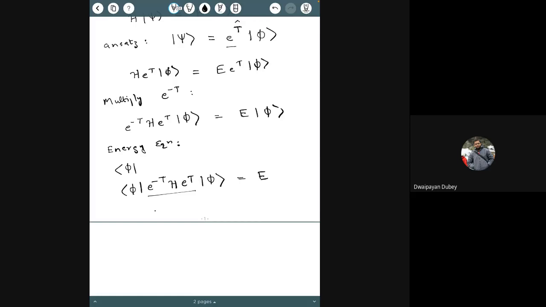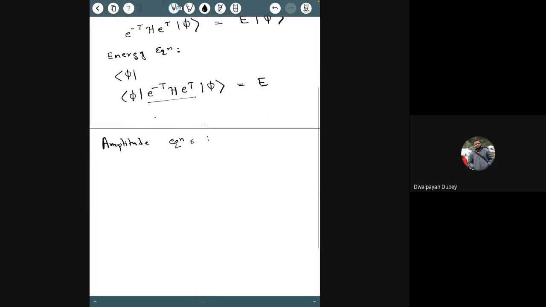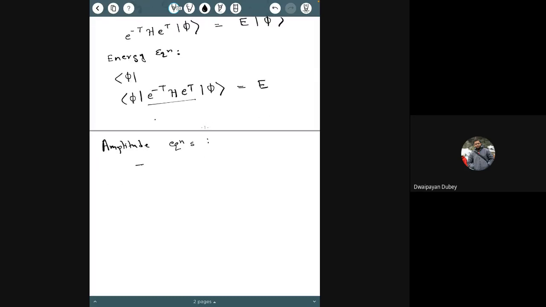And then to get the so-called amplitude equations, what are the cluster amplitudes? Let me just mention that. So T is a sum over various excitation operators.